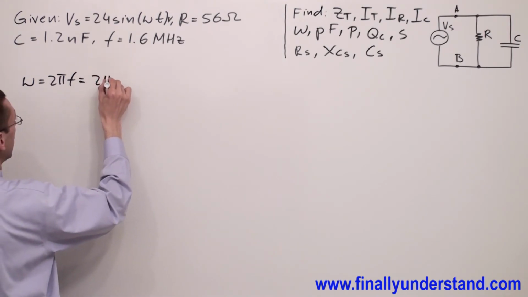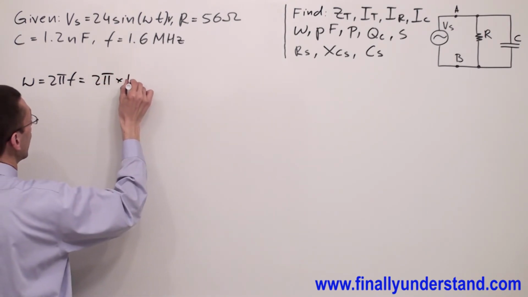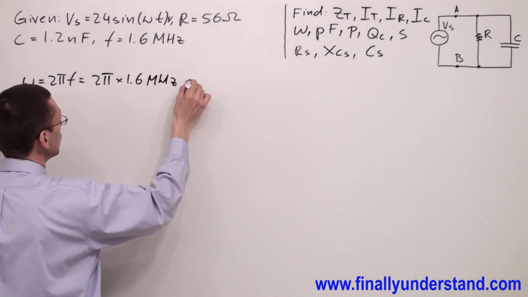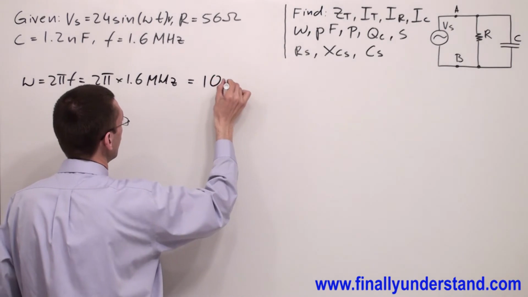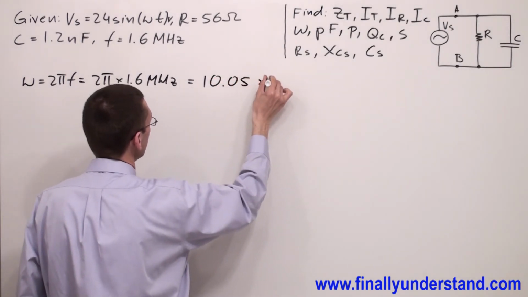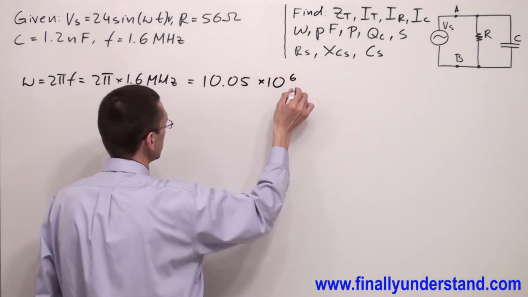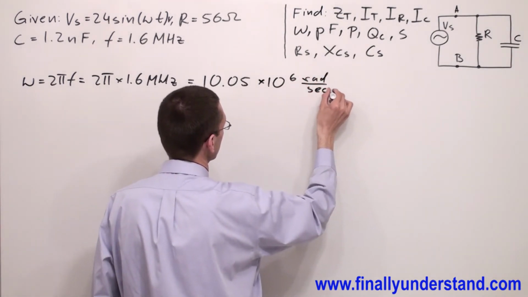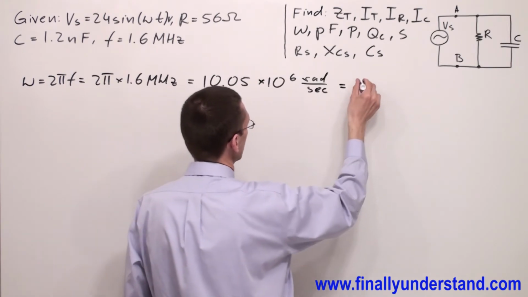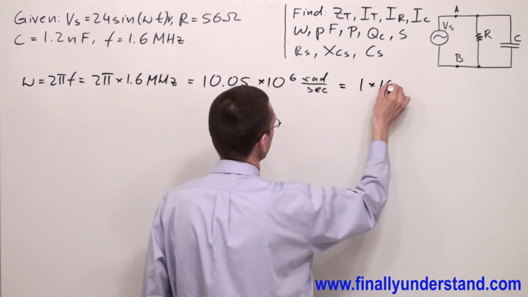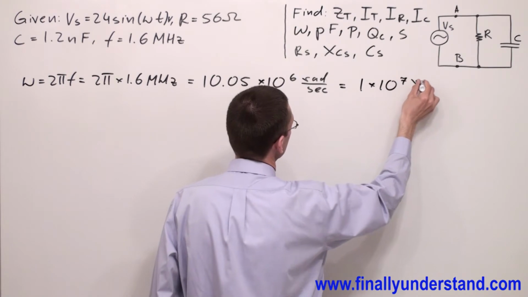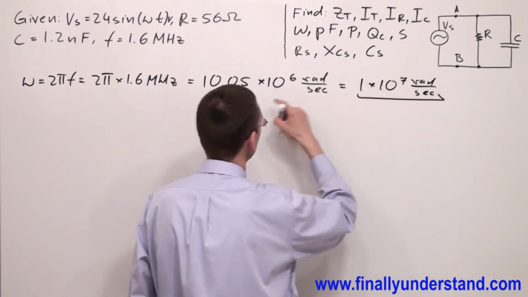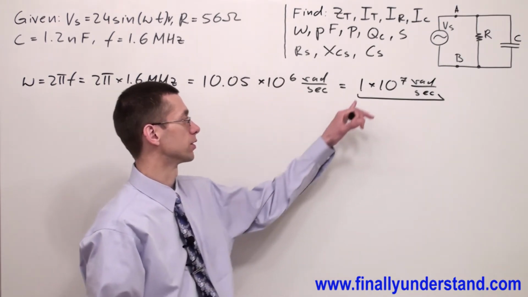So I have 2 pi times 1.6 megahertz, which is equal to 10.05 times 10 to the 6 radians per second. In other words, we can say this is 1 times 10 to the 7 radians per second. Both answers are correct. This one is a little bit shorter.